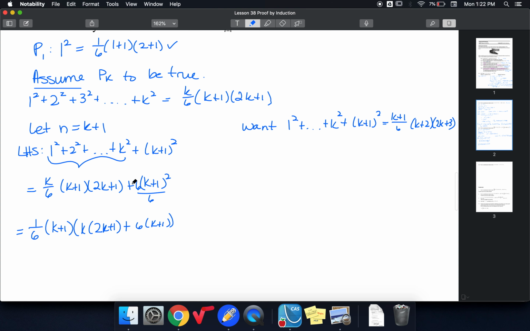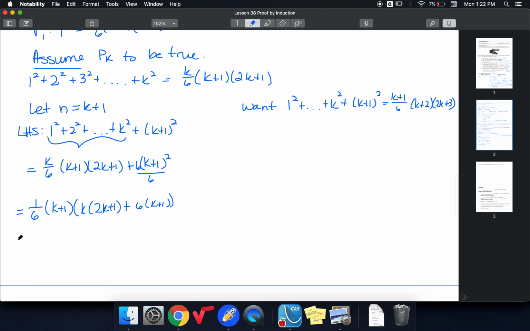So I'm going to keep going with my left-hand side. I've got k plus 1 over 6. Putting that together, which is good, I wanted that. Now I've got 2k squared plus k here, plus 6k here, so that's 7k, and then plus 6.